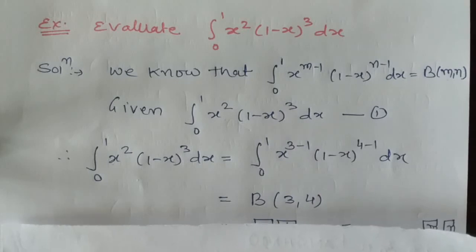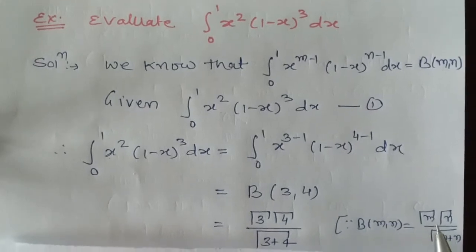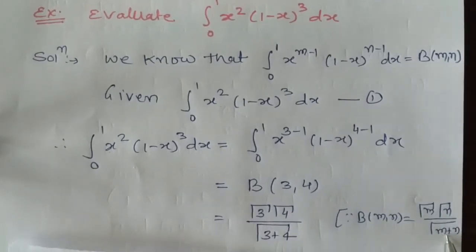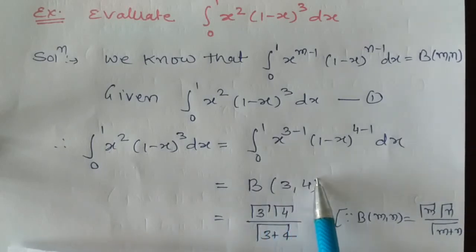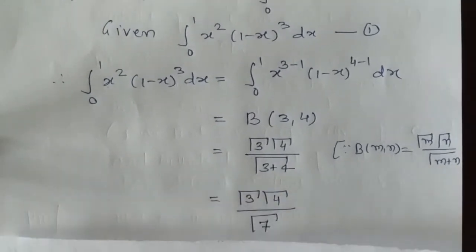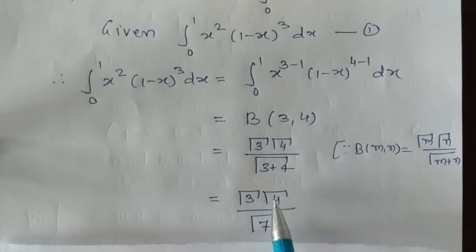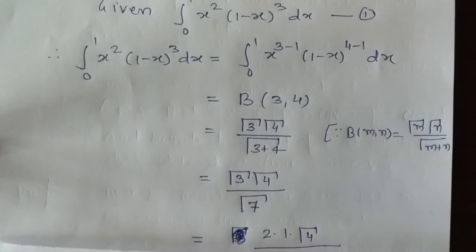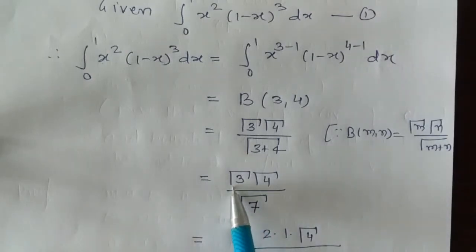Now as we know, beta(m, n) is equal to gamma m gamma n upon gamma (m plus n), the relation between the beta and gamma functions. So beta(3, 4) is equal to gamma 3 into gamma 4 upon gamma (3 plus 4), which is gamma 3 into gamma 4 upon gamma 7. Gamma 3 is equal to 2 factorial, so 2 into 1.